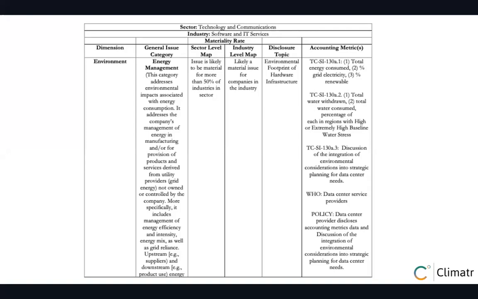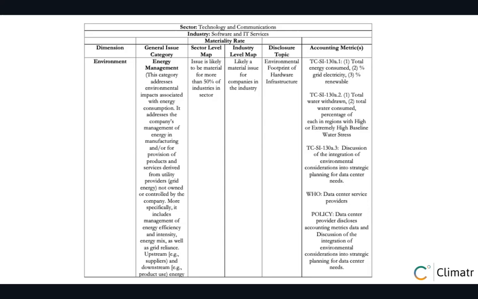If you look at this screenshot, it was focused more on the environmental side of things. It was categorized under the energy management issue. From the analysis, we found that this particular issue is likely to be a material risk for more than 50% of the industries in this sector, right?